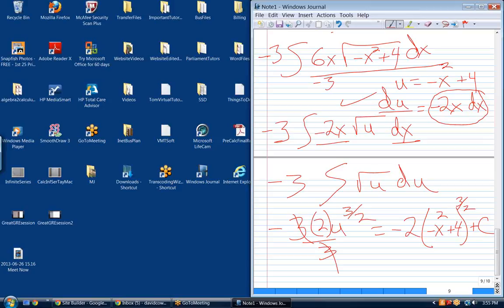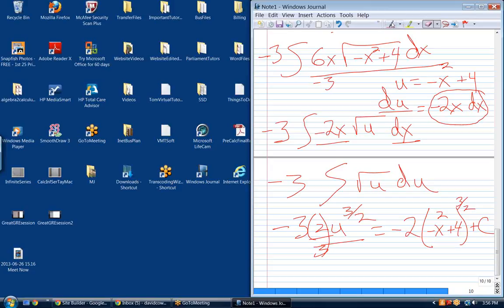Just real quick, when we had the negative 3 times u to the 3 halves, where does the 2/3 come into play? Okay, so we got negative 3 u to the 3/2 divided by 3/2. So that was just taking the integral? Again, we flipped that and multiplied by 2/3 instead of dividing by 3/2.